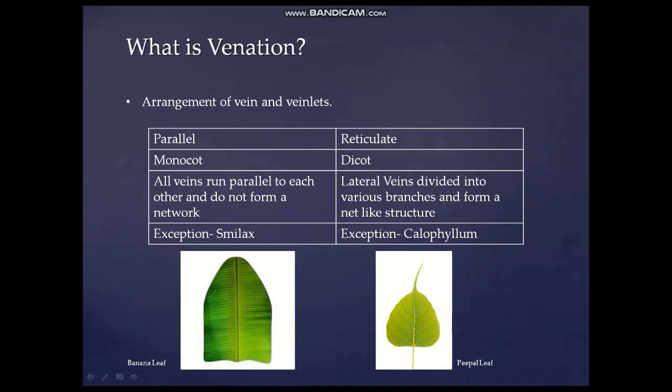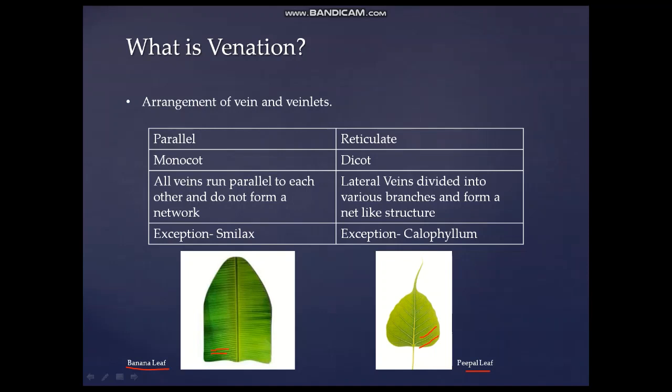It's a monocot but shows reticulate venation, and similarly there are exceptions in dicots. It's a dicot but shows parallel venation. An example is Calophyllum. Now look at the diagram. Banana leaf shows parallel venation, and peepal leaf shows reticulate venation.